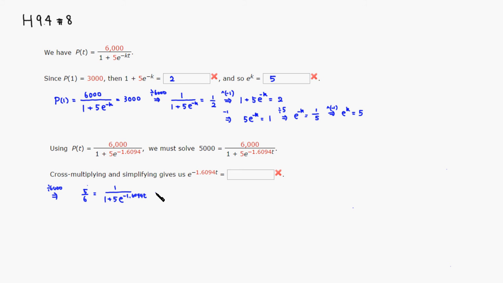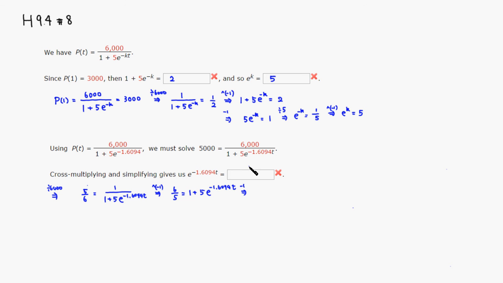Then I'm going to take the reciprocal of both sides. Then we get 6 over 5 equal to 1 plus 5 e to the negative 1.6094 t. Then I'm going to subtract 1 to get rid of this 1, 6 over 5 minus 1.